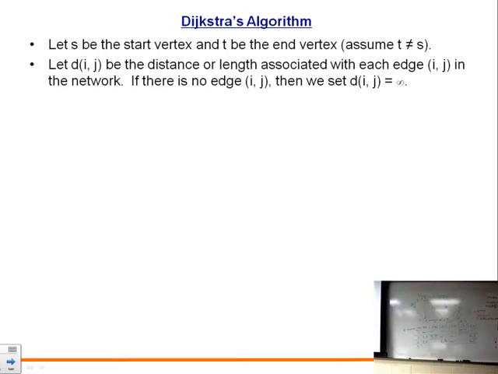So that's step 2. So again, we look and we say, well, what's the cheapest? What's the smallest label? A. Okay, that's the one we make permanent. So that is now permanent. And we look at the neighbors of A. There's only one neighbor. It's B. And B is already permanent, so we don't do anything.